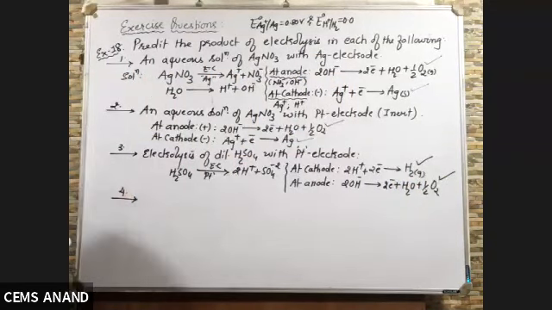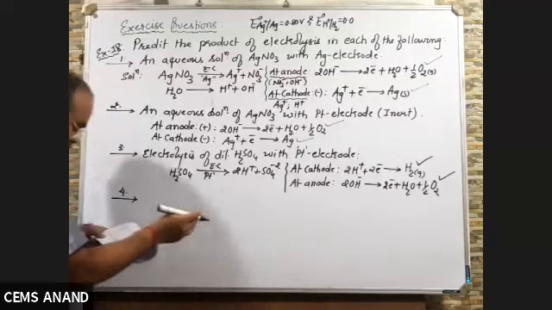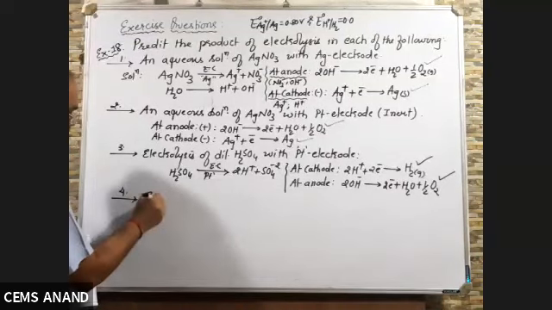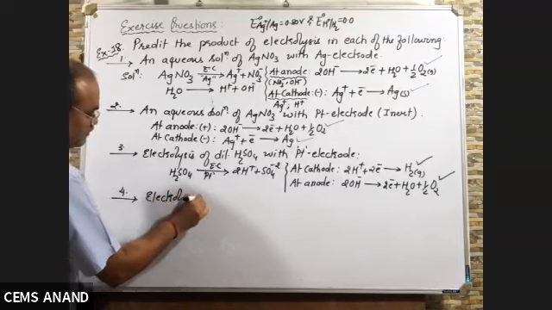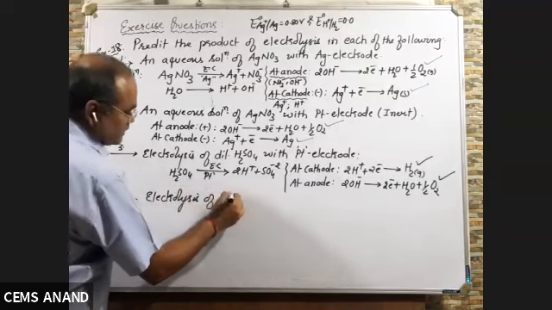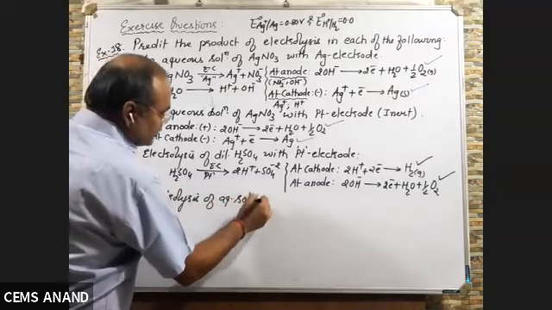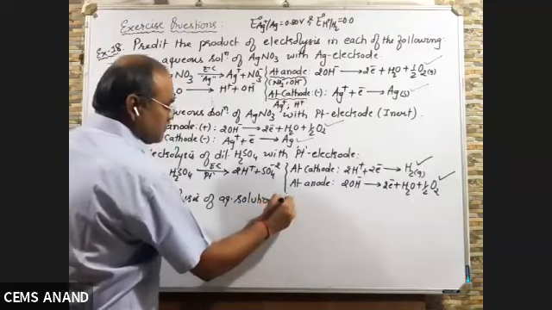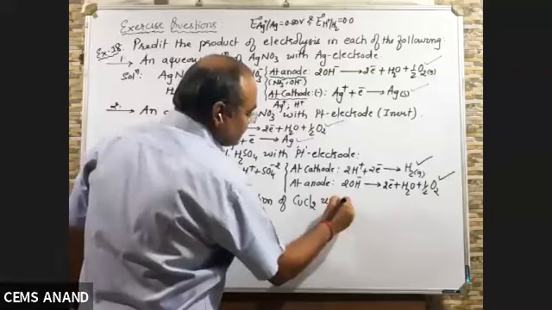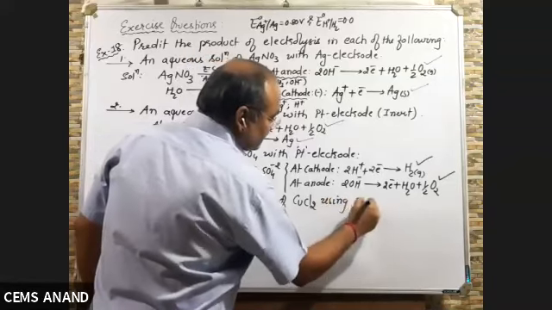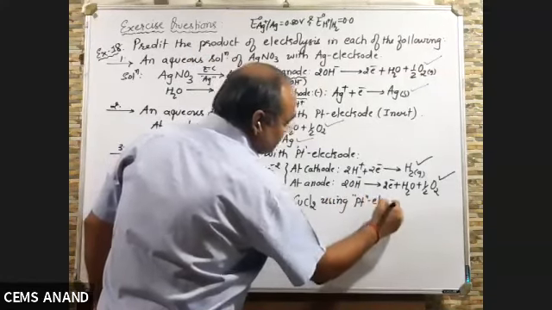The fourth one is electrolysis of aqueous solution of CuCl2 using platinum electrode.